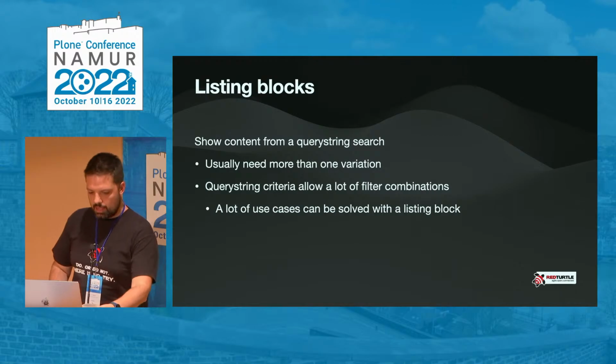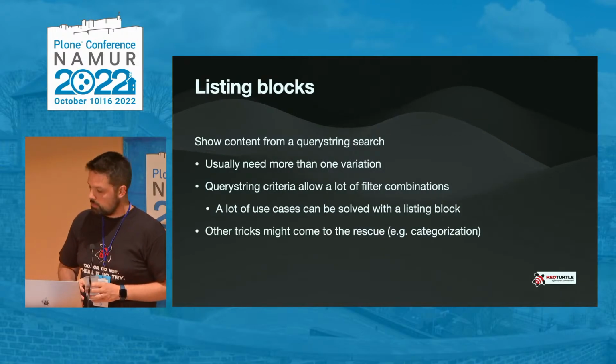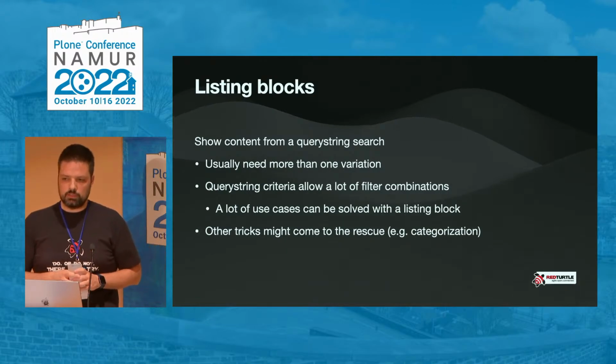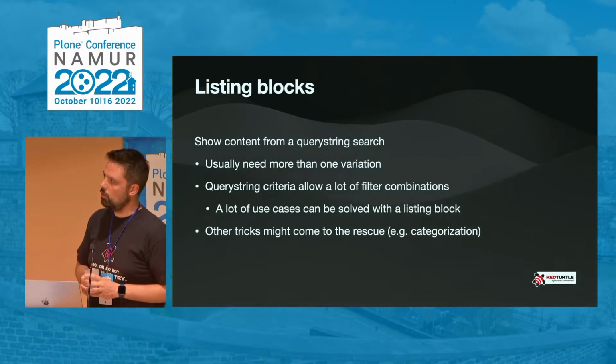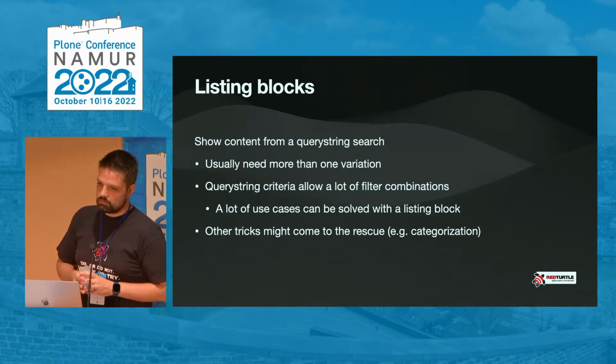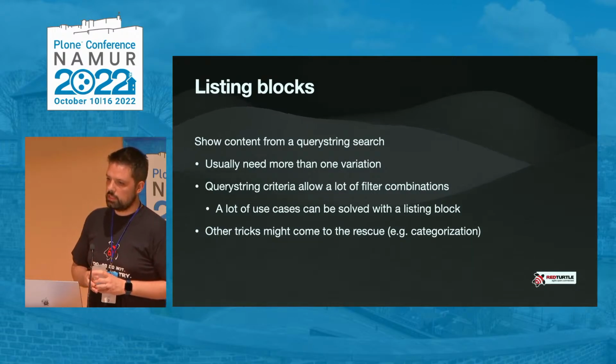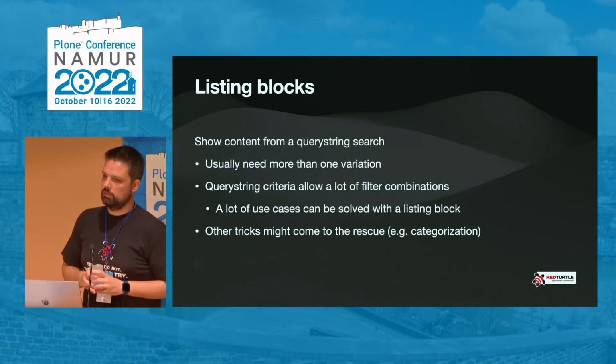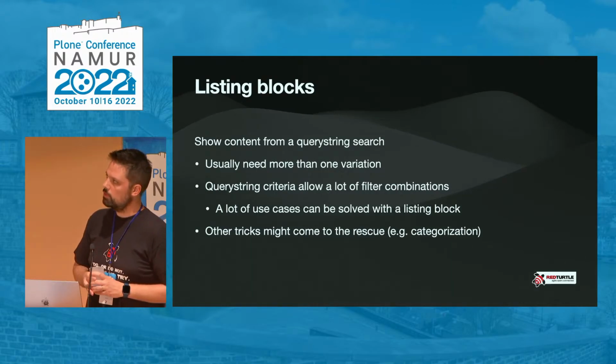And I like the listing blocks so much that sometimes I find tricks in order to make it work, because categorization and subjects are not always needed for the end user. The designer doesn't always include them, so they're still in my toolbox.